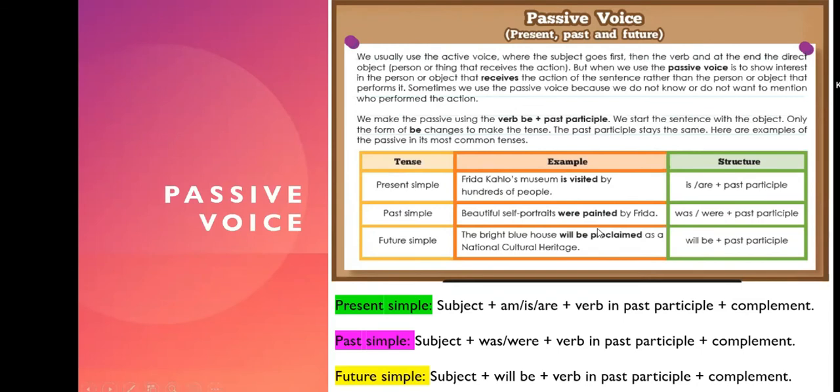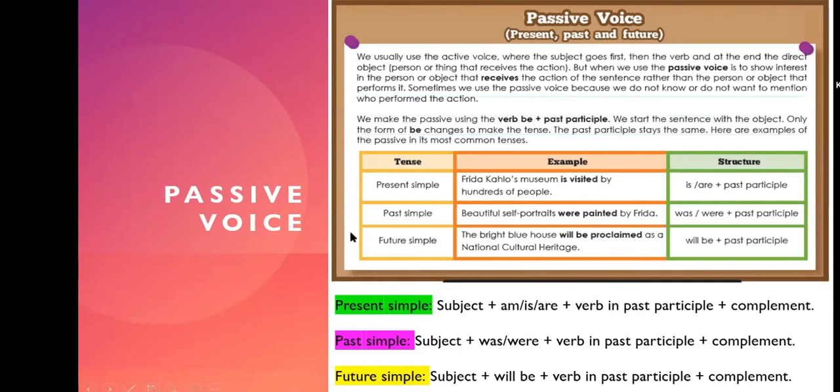But we don't want the attention to be on Frida. We want the attention to be on the self-portraits. So we put beautiful self-portraits as the object, then was or were, the verb to be in past, the verb in past participle, painted, and then the complement by Frida. Here are the formulas, okay?